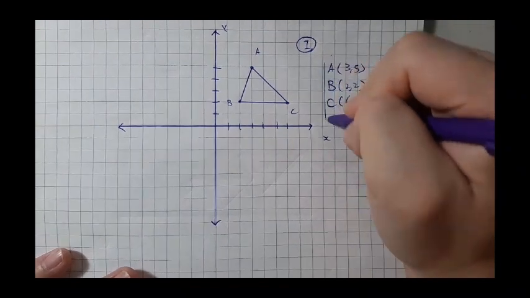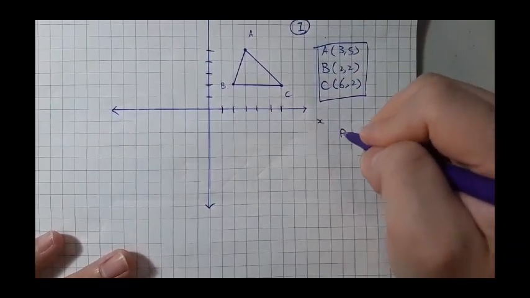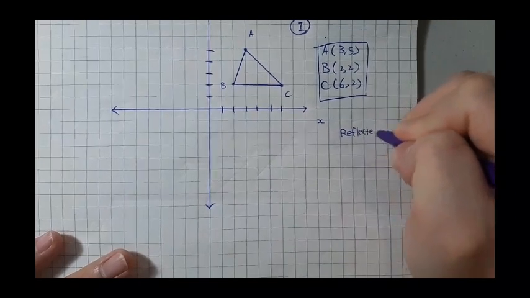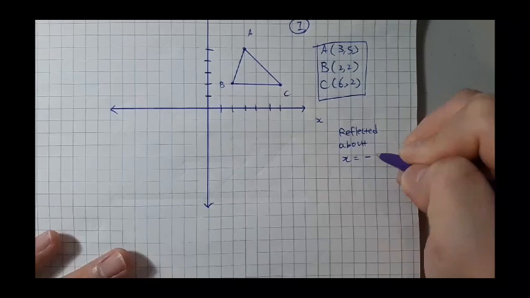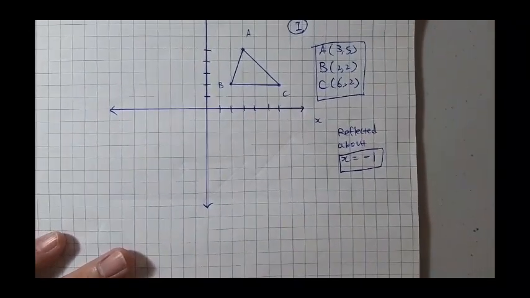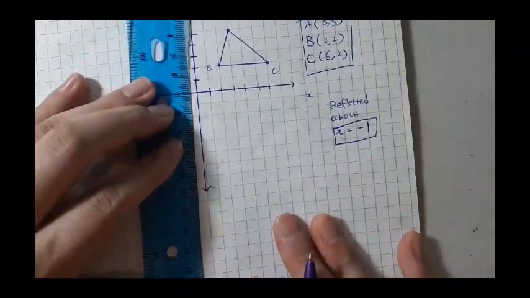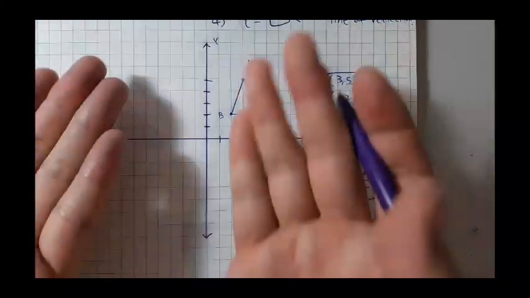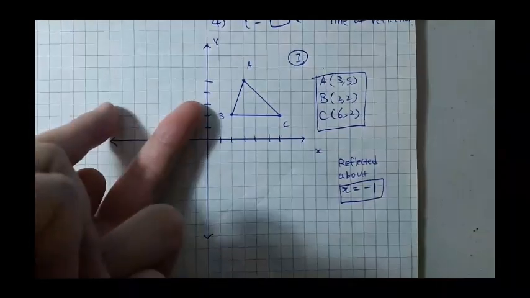Now let's say this original image is reflected about x is equal to -1. As you may notice, folding through the x-axis and y-axis is easy because if it's about the y-axis, you just need to flip it like that and the image will be located over here.